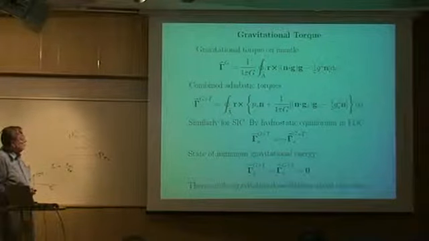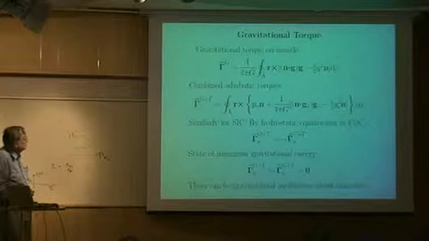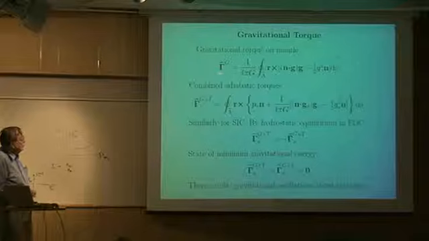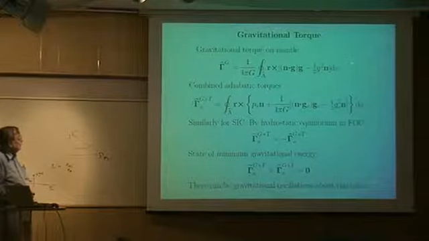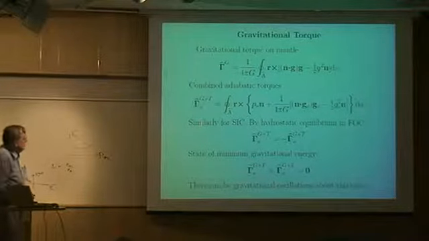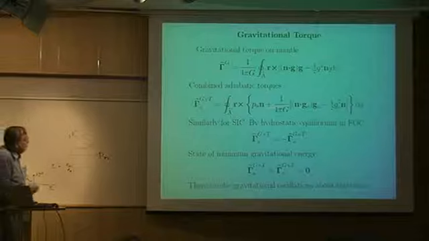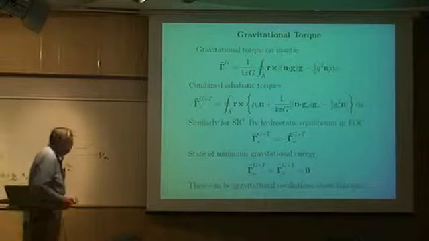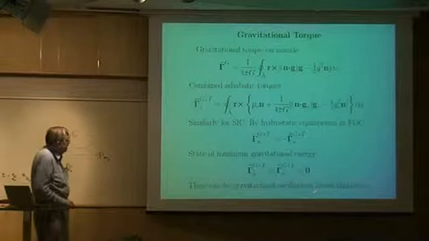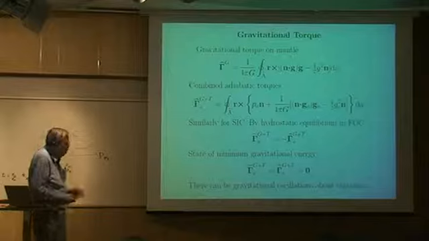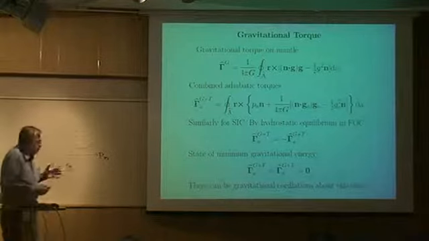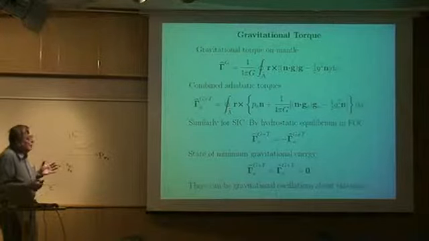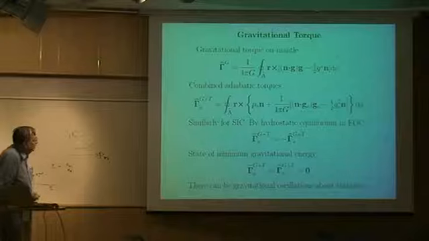So you can convert all these integrals into surface integrals, and here's the gravitational torque on the mantle, this one, and you add the two together, you find a remarkable thing, that the two together wipe out the effect of the fluid core. That's because the fluid core responds to gravitational, well, it's in hydrostatic balance.